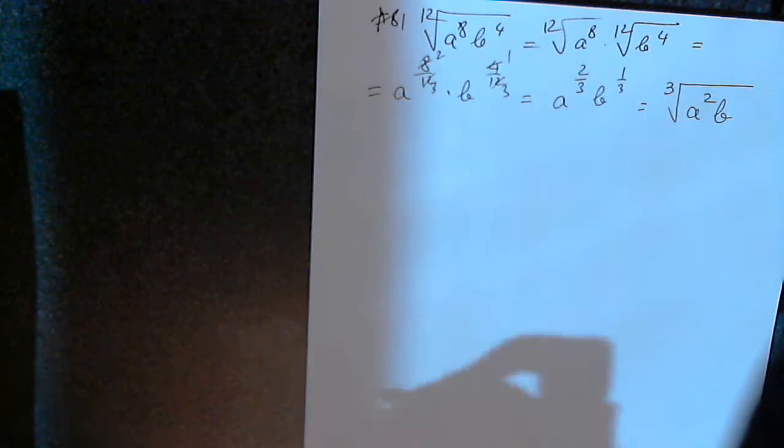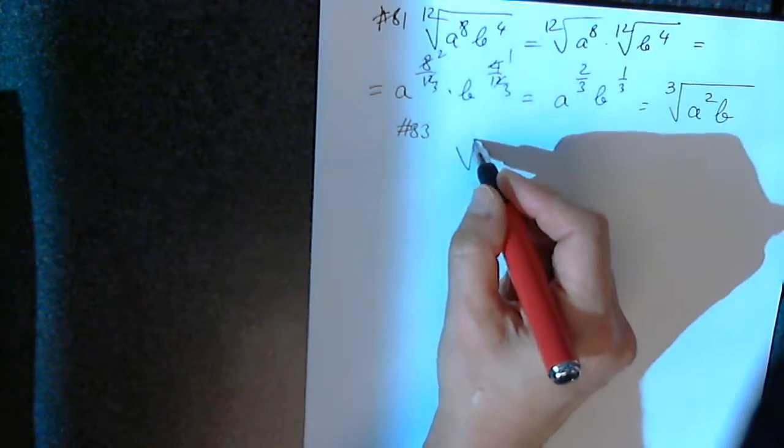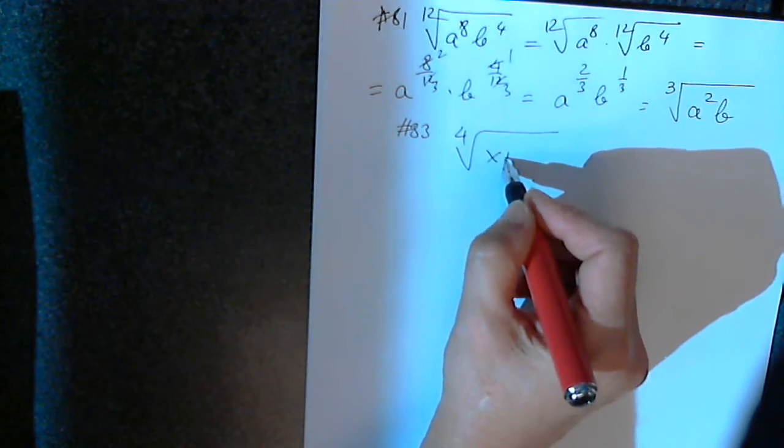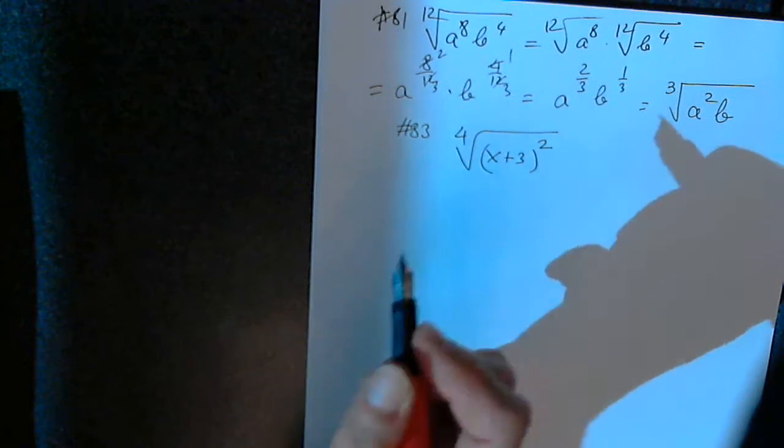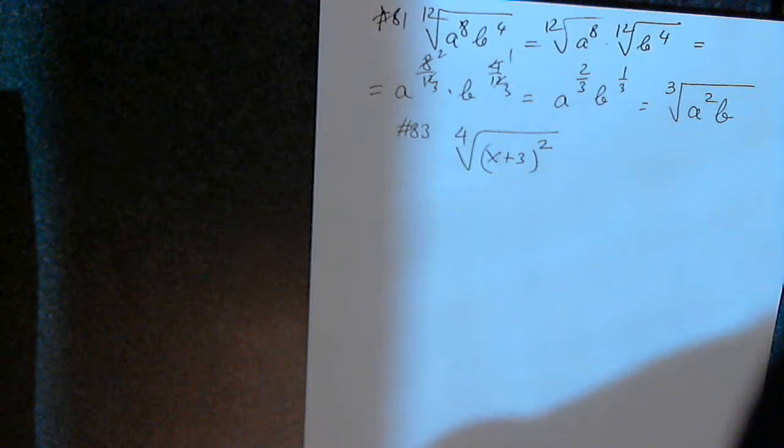Let's also do 83. And this is the fourth root of x plus 3 to the second power. Please simplify this and tell me the answer.